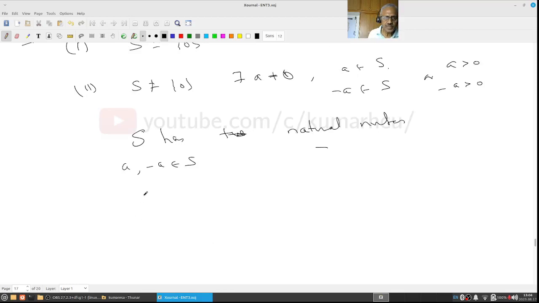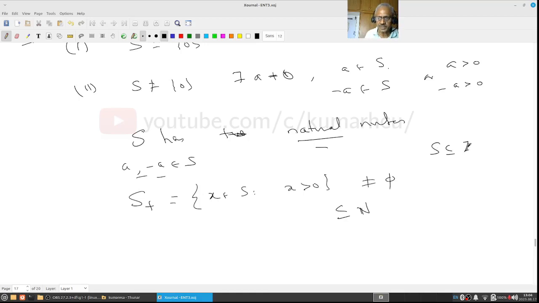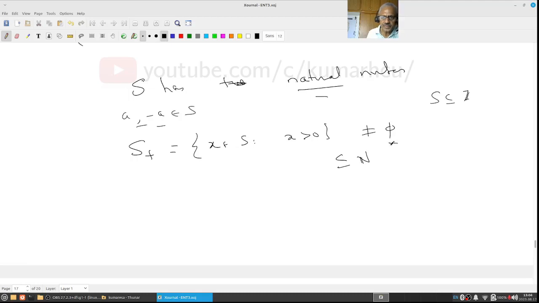Therefore if I look at S plus, the set of all x in S so that x is positive, this is non-empty, because it has at least one natural number, and this is a subset of natural numbers. Remember, S itself is a subset of integers, and therefore S plus is a subset of natural numbers, and that's non-empty. Therefore what do you think I can use?